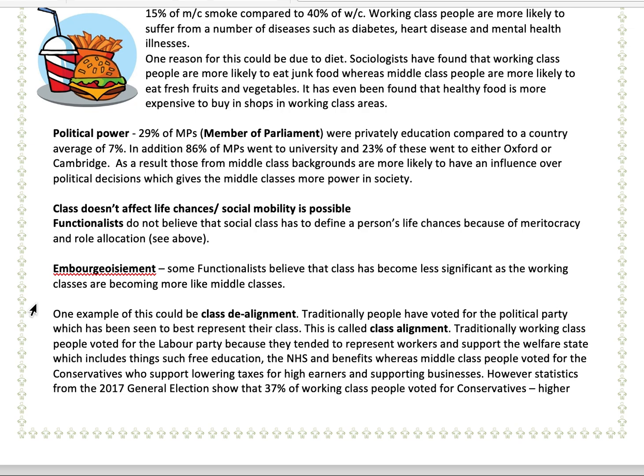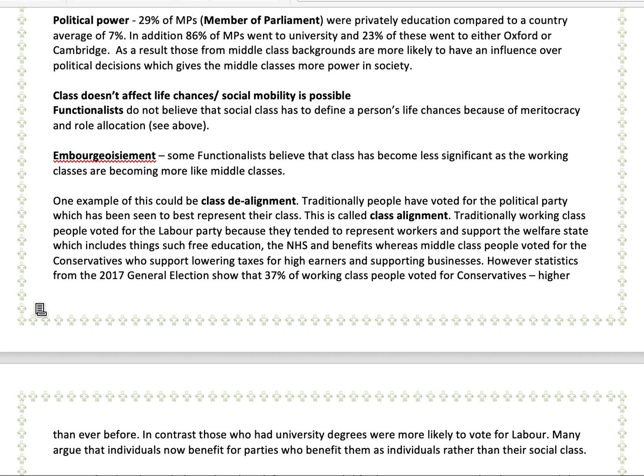Traditionally, working class people voted for the Labour Party and the middle class voted for the Conservative Party, whereas now people from working class backgrounds have started to vote for Conservatives, and people with degrees, so middle class, are becoming increasingly more likely to vote for Labour.